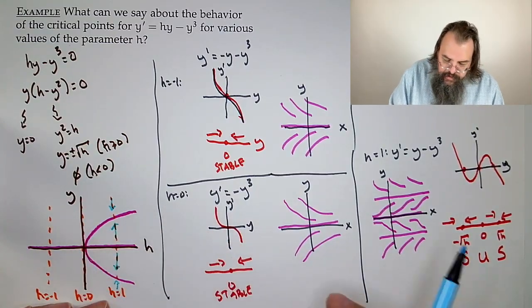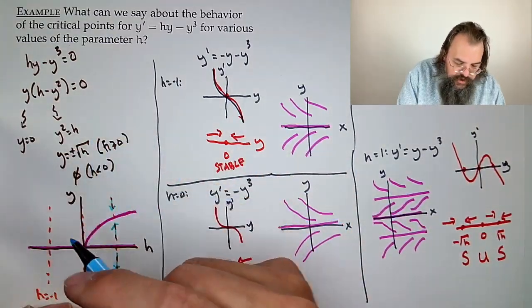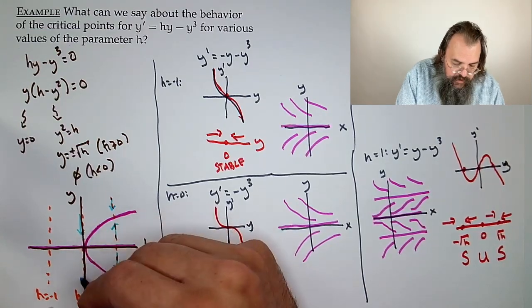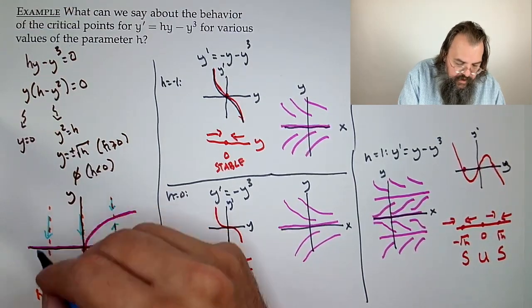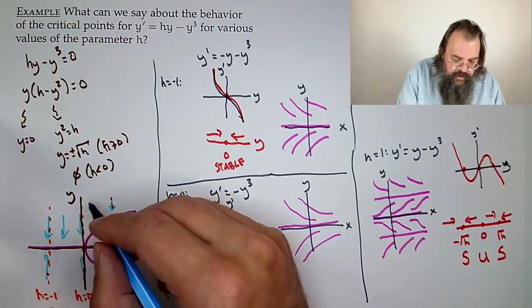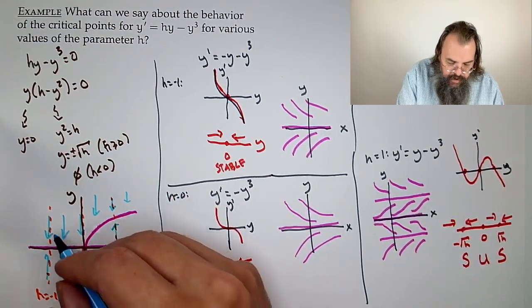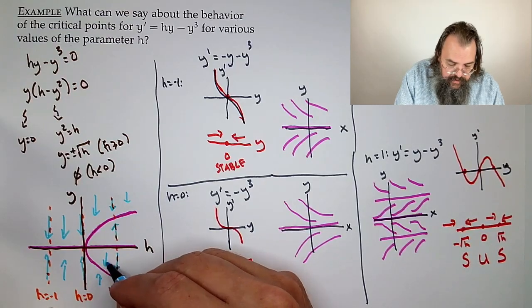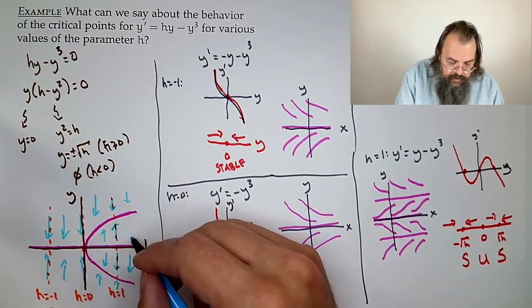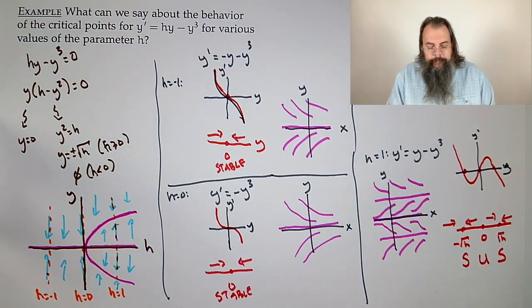And then here, again, we can do our translation. So down, up, down, up. So it's always the case that we're moving up below this envelope, and then inside the envelope, we are sort of moving away.